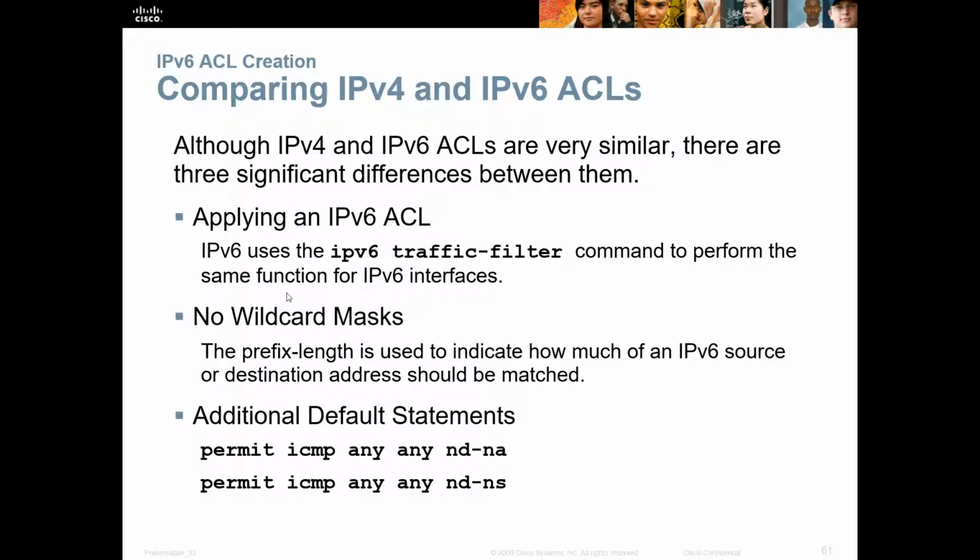To apply an IPv6 ACL, you will use the ipv6 traffic-filter command to perform the same function on IPv6 interfaces. No wildcard masks: the prefix length is used to indicate how much of an IPv6 source or destination address should be matched. And additional default statements permit ICMP neighbor discovery: ND-NA and ND-NS.